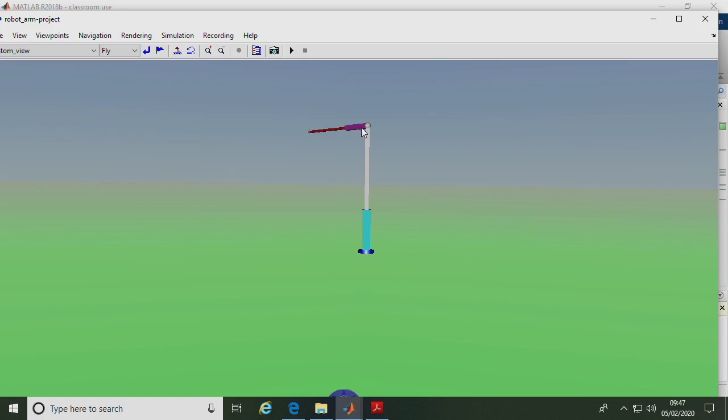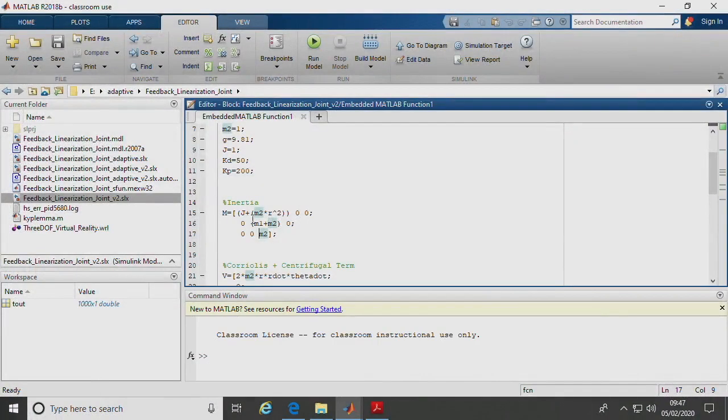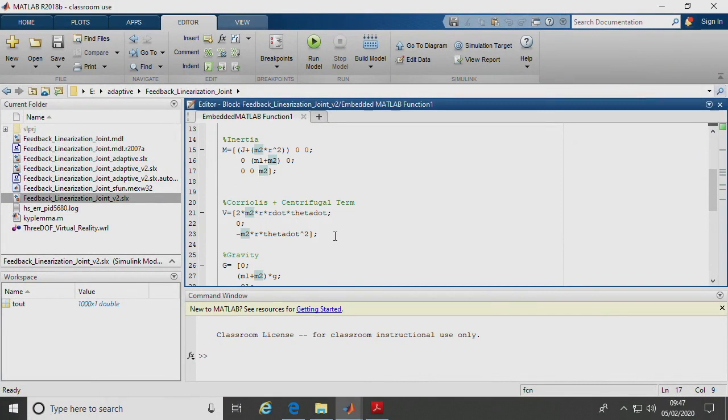So we're moving this mass 2 in the horizontal direction, while we are rotating with our degree of freedom. At the same time we have written down the Vm times our q dot.